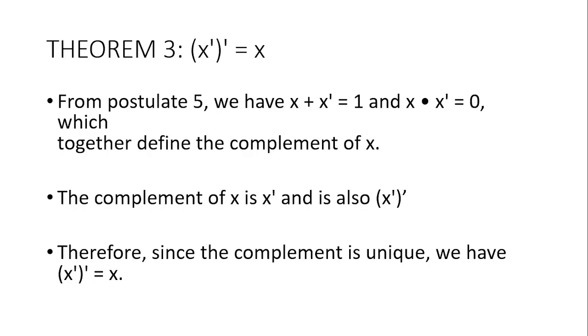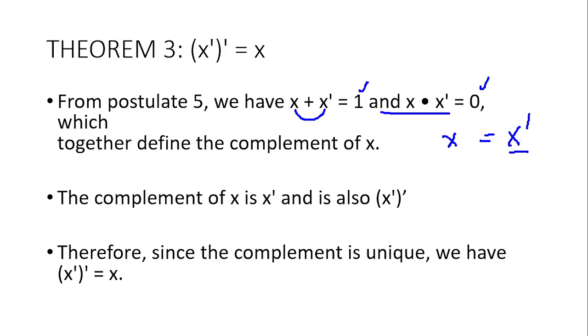Now we know that the complement of x is x bar. How did we get that? Because if you add the complement, you get the identity element, or if you multiply the complement, you get the identity element for dot. So in this case, the complement of x is x bar.